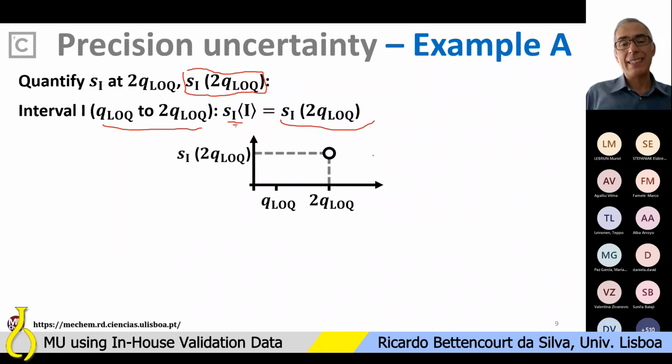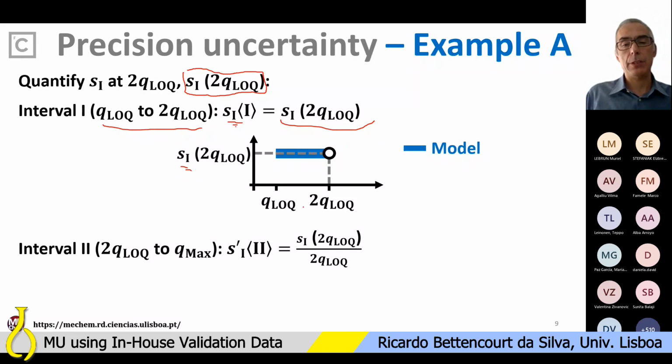So how does it work graphically? You assess the precision standard deviation at 2 LOQ, and then you extrapolate that information below this limit until the quantification limit. For interval 2, what should we do?